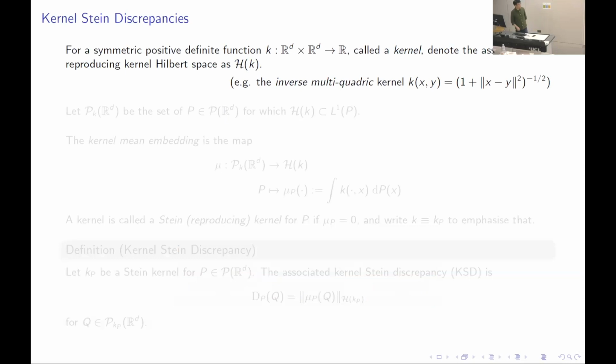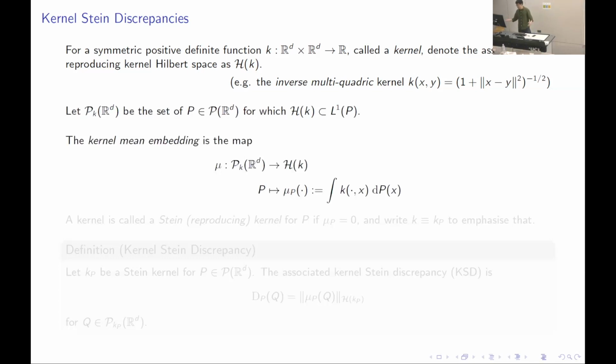Okay, so very quickly, KSD. You have a kernel, which gives you a reproducing kernel Hilbert space, and then you can embed the distribution in that space. The way you embed it is as follows. mu of p is the mean element in the reproducing kernel Hilbert space. So that's the embedding of p.